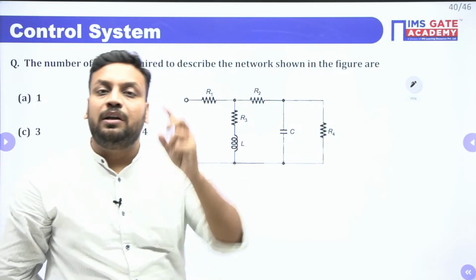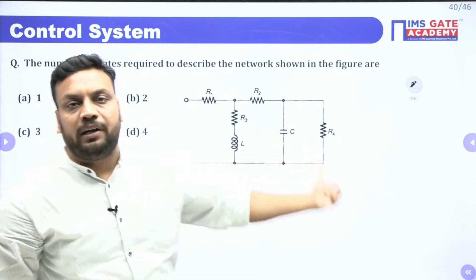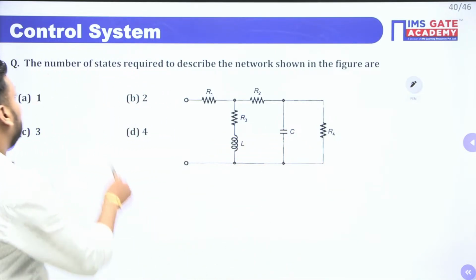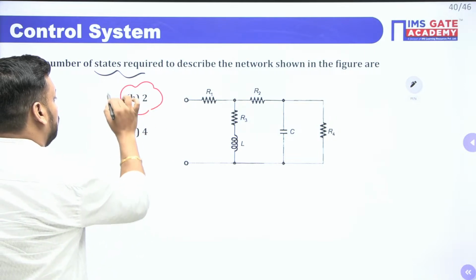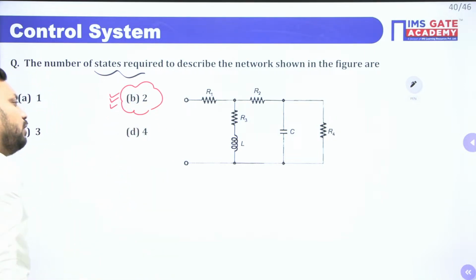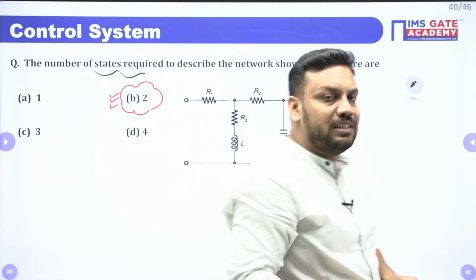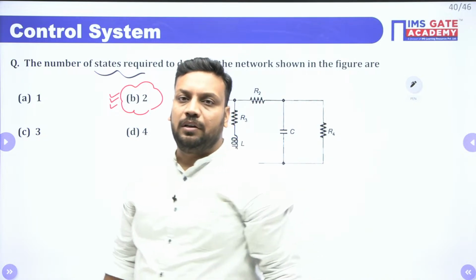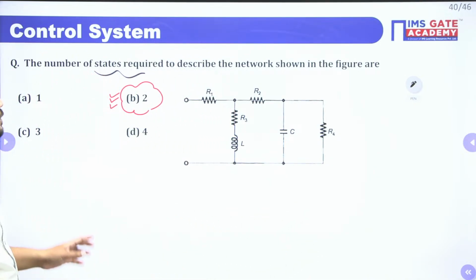So we have two state variables, one for the inductor and one for the capacitor. The examiner is asking for the number of states required, so the number of state variables is 2 only. I hope this is crystal clear to you. Shall we go for next?